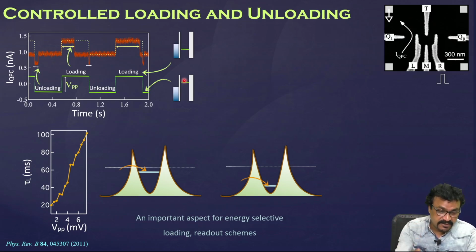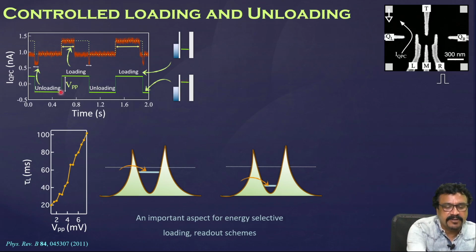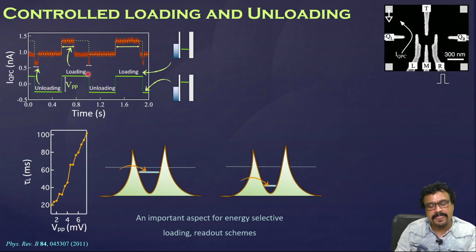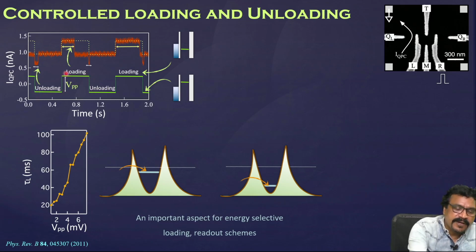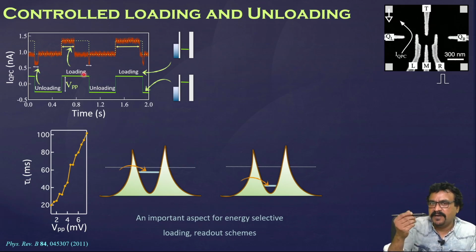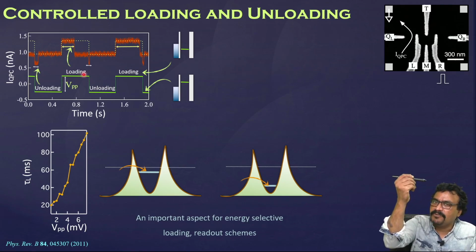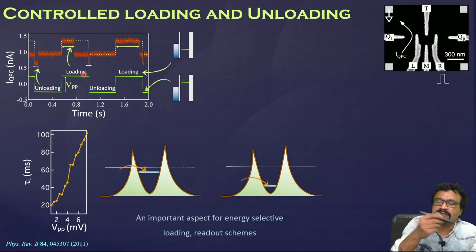Low state let us call it the negative part, unloading part, and high state let us call the loading part. Peak to peak is VPP. During the loading cycle, it is a positive part, the dot level will be pulled down below the Fermi level. During the unloading part, that is the negative side, the dot level will be pushed up above the Fermi level, that is the unloading. The electron can tunnel out, at loading time the electron can tunnel in.